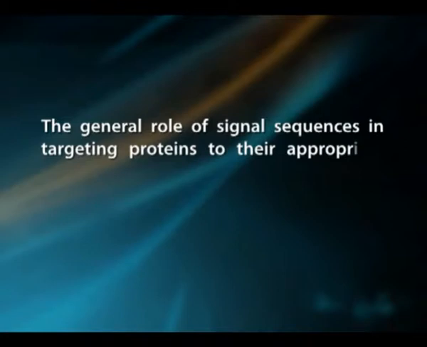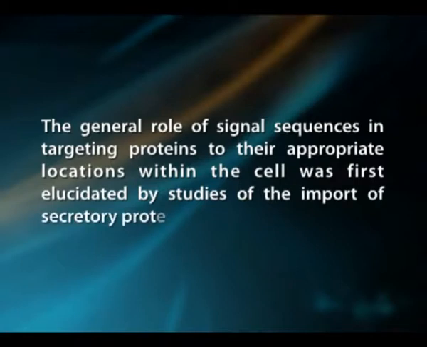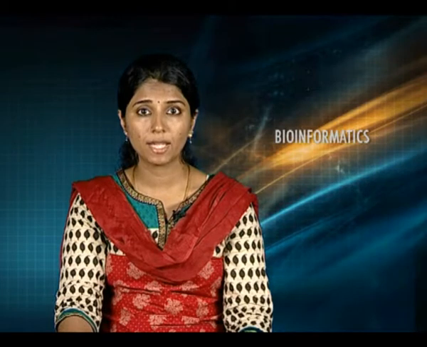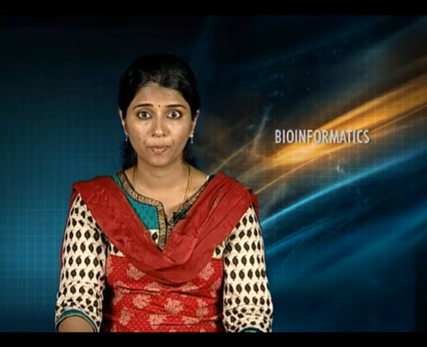The general role of signal sequences in targeting proteins to the appropriate locations within the cell was first elucidated by studies of the import of secretory proteins into the endoplasmic reticulum. These experiments used in vitro preparations of rough endoplasmic reticulum, which were isolated from cell extracts by density gradient centrifugation.